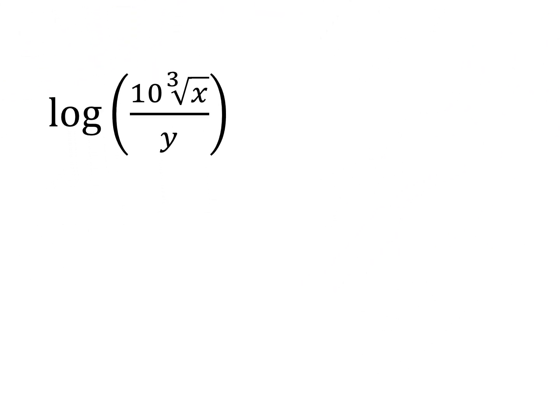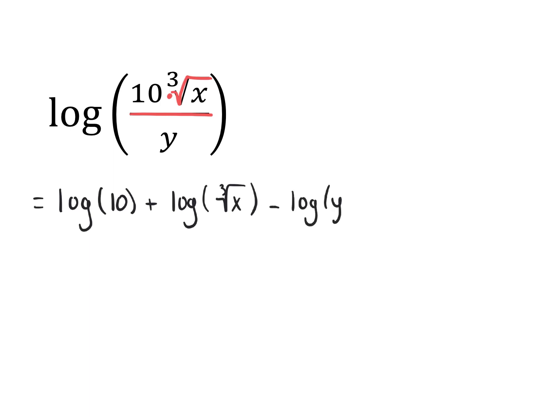Okay, our next one has some multiplication. It has division as well, and this square root is actually an exponent. So we'll start by taking our multiplication problem. So we'll have log of 10 plus log of cube root of x, and then I'm going to subtract log of y. So that takes care of the division.